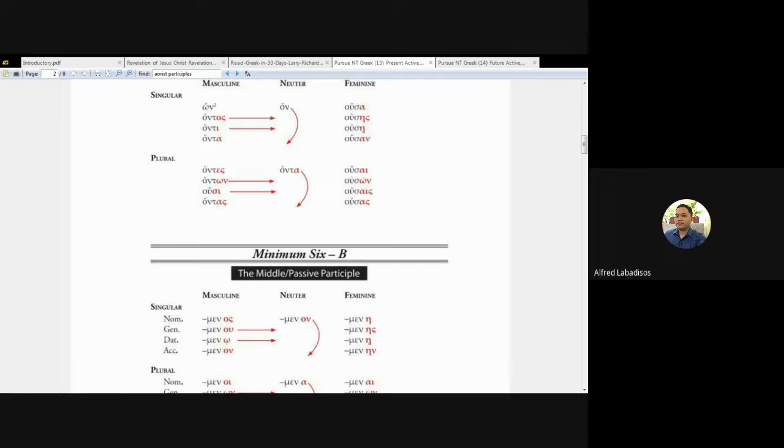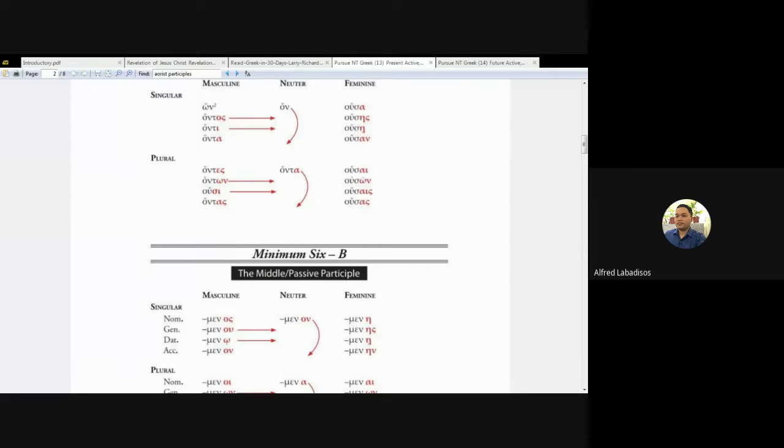So that's the only way for you to identify the aorists, because of the sa. If a verb doesn't have the tense identifier sa, then you suspect that verb is either imperfect or second aorist.